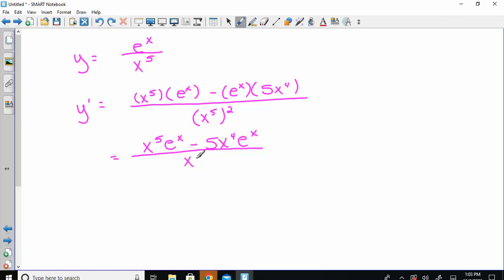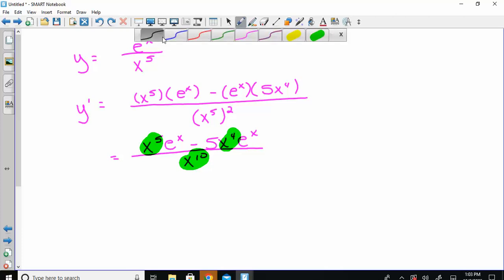So x to the 5th squared becomes x to the 10th. What can we do right here? Take out some x's. We can reduce 4 of them.